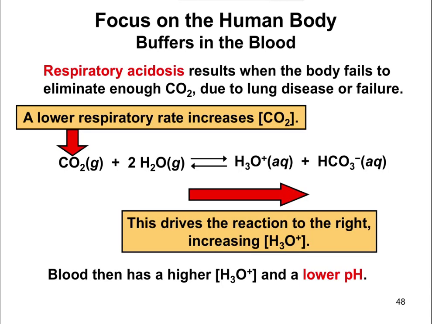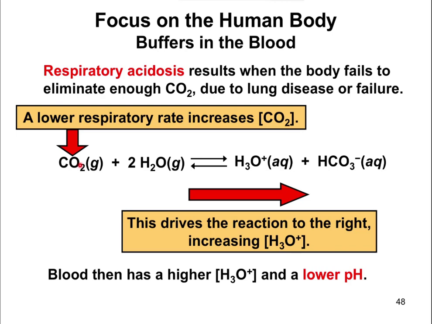There's a condition called respiratory acidosis. This is when your body doesn't eliminate enough CO2. Basically your body stockpiles the CO2 instead of breathing it out, like you should. So a lower respiratory rate, you're not breathing as much, you're not exhaling enough CO2.